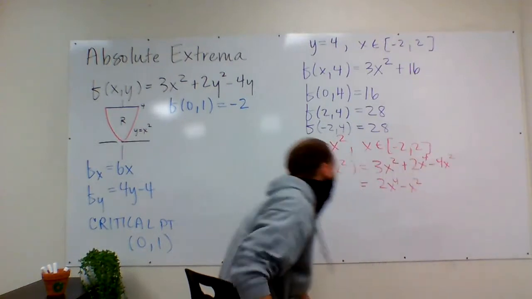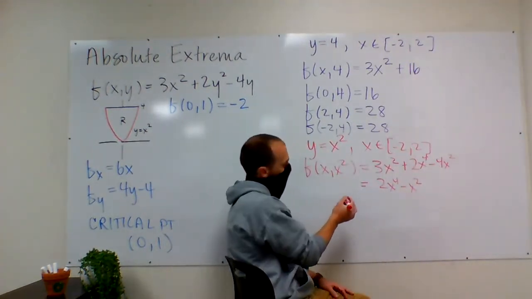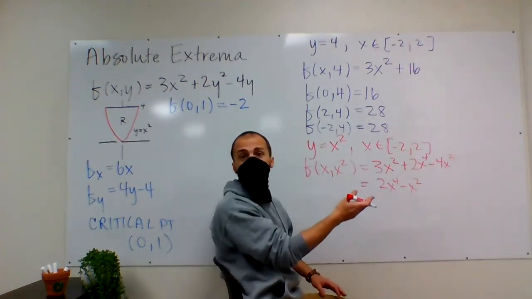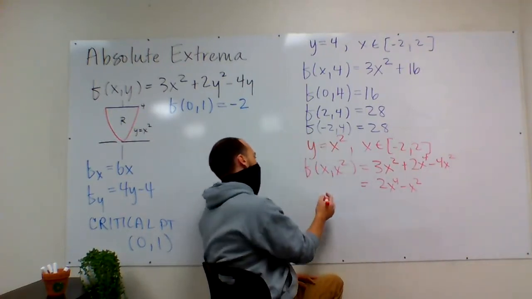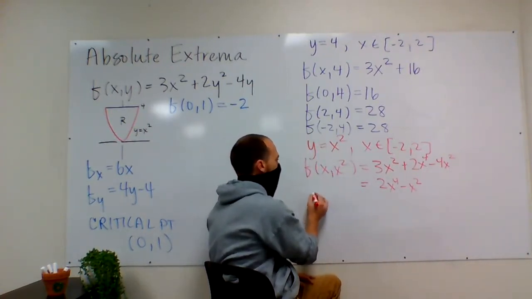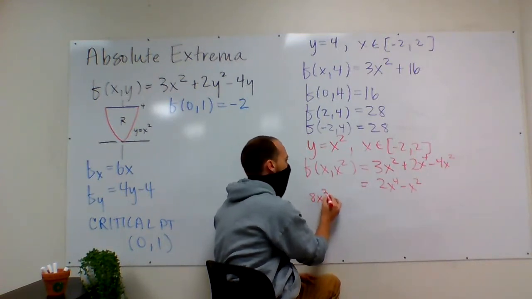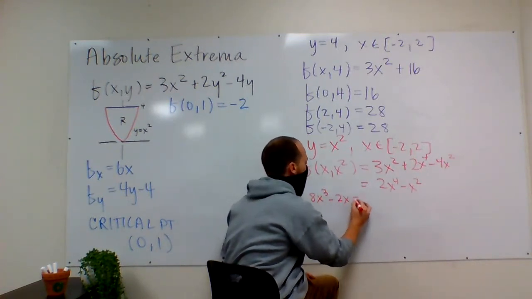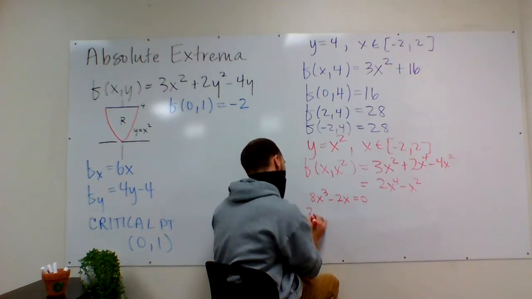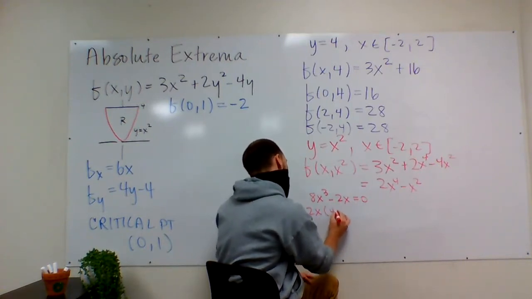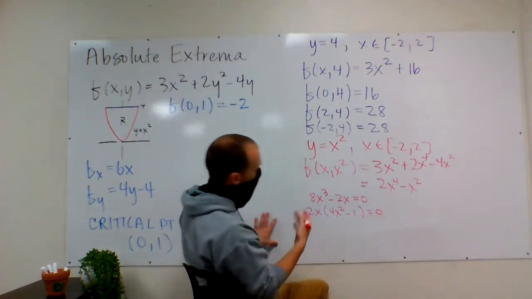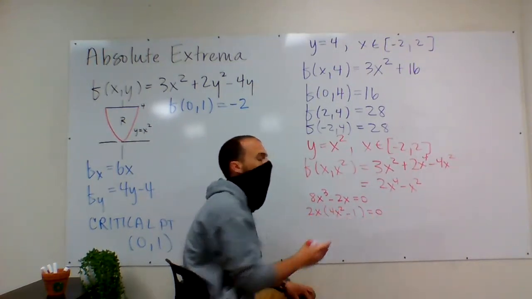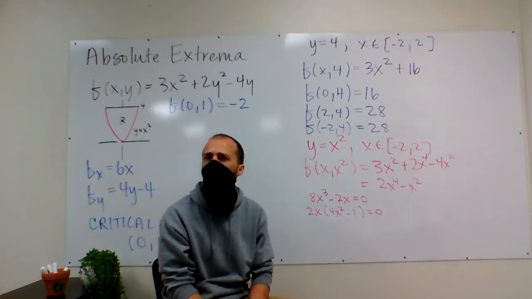So I'm going to take the derivative and set it equal to 0 to try to find the critical points of this polynomial. Okay, so the derivative would be 8x to the 3 minus 2x equaling 0. So I'm going to factor, okay, so x is 0, or x could be, I think, a half or negative a half.